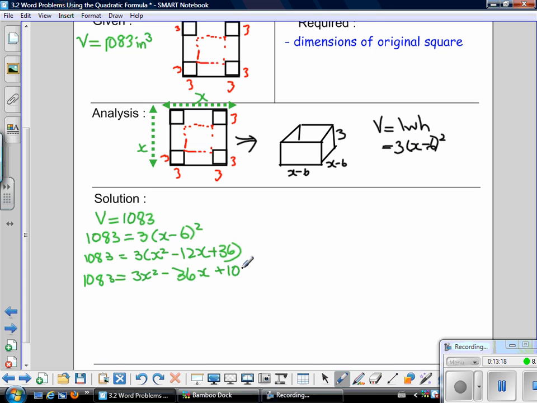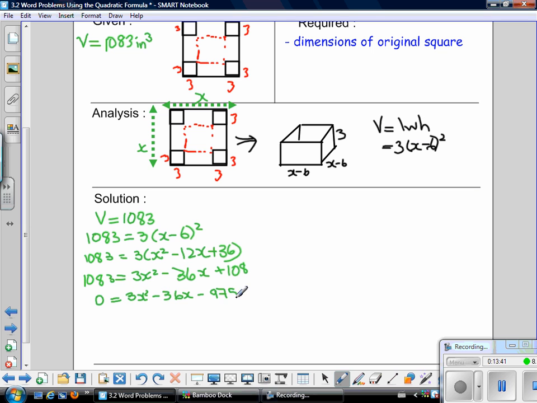And now what we're going to do is subtract both sides by this, so we end up with 0 equals 3x squared minus 36x minus 975.